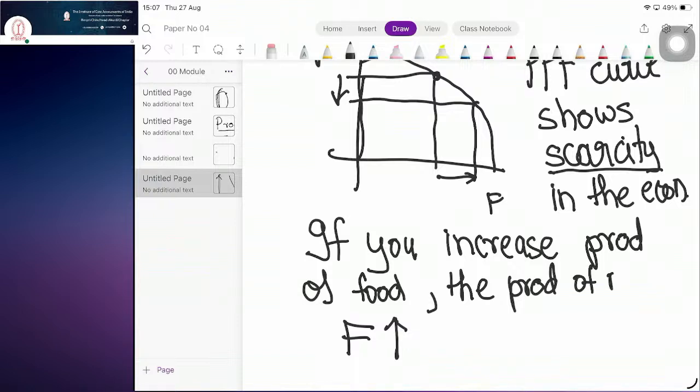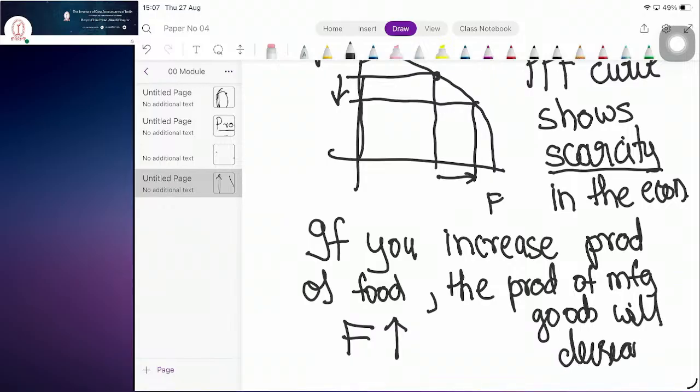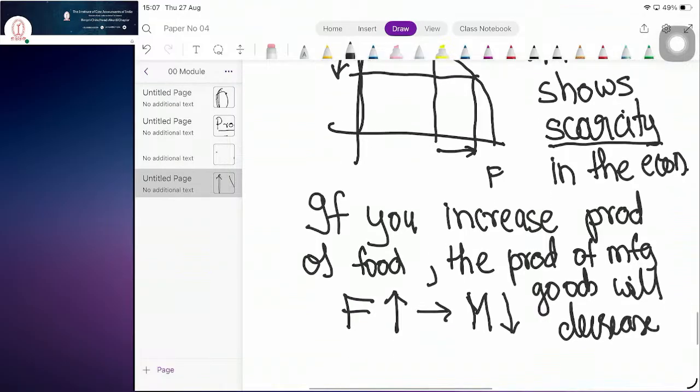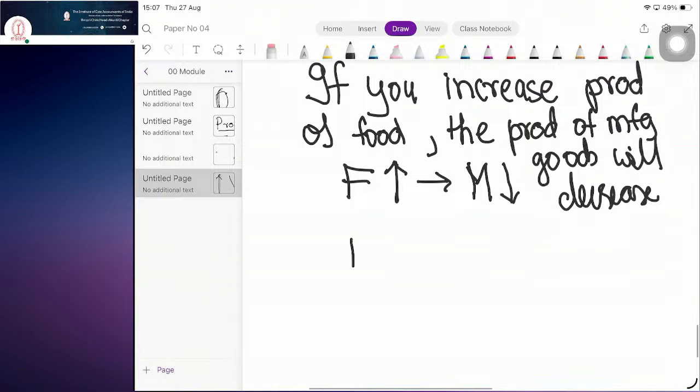Understood? If food production increases, the production of manufactured goods will fall. Correct? Can you tell me the other way around? If I want to increase the production of manufactured goods, what will happen? This is called the opportunity cost in the economy.